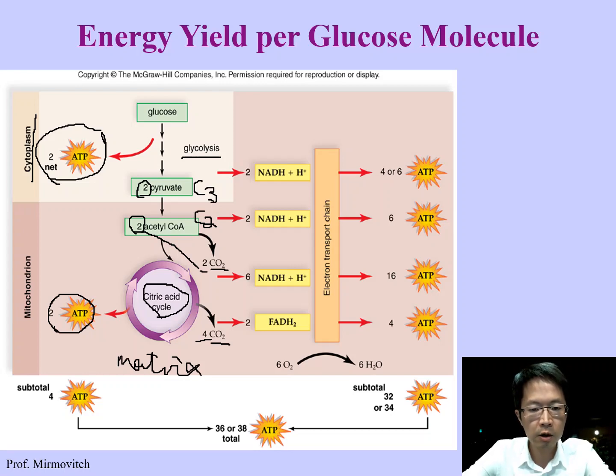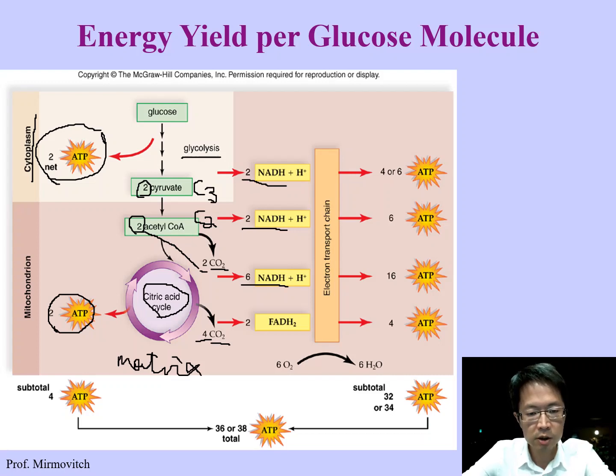And for glycolysis, we make 2 NADH. For the intermediate step, or the preparatory reaction, we also make 2 NADH. And then for each citric acid cycle, we have 3 NADH. Because we have 2 citric acid cycles occurring simultaneously, we have 6 NADH.